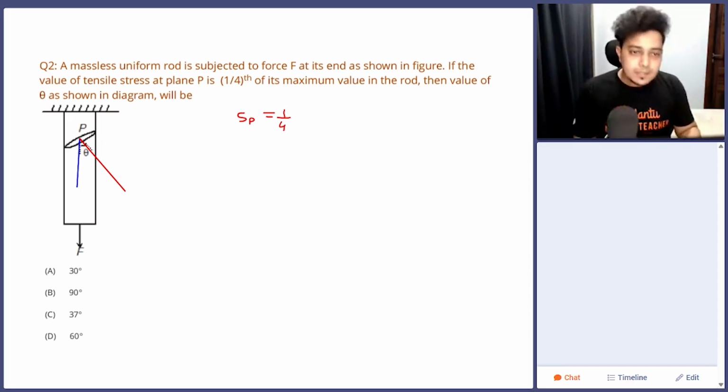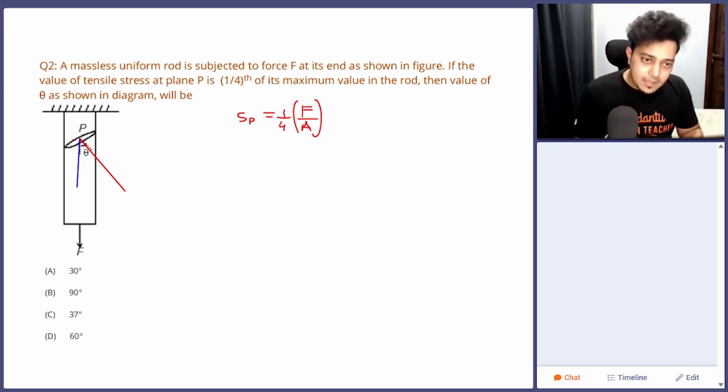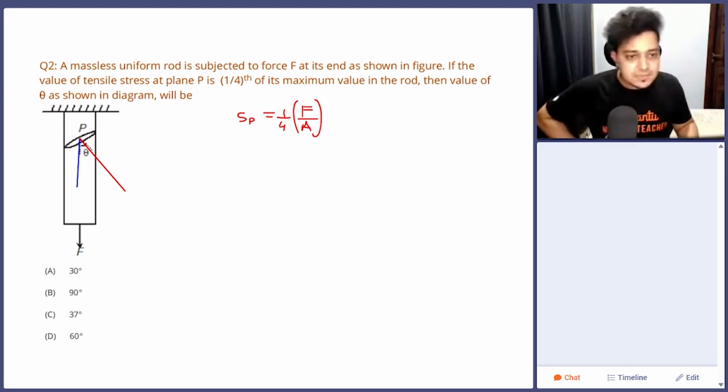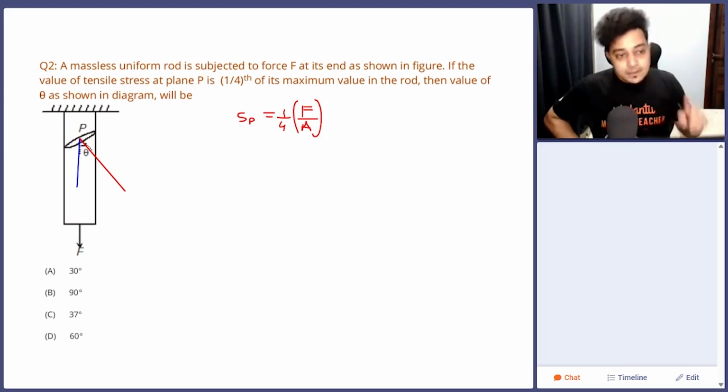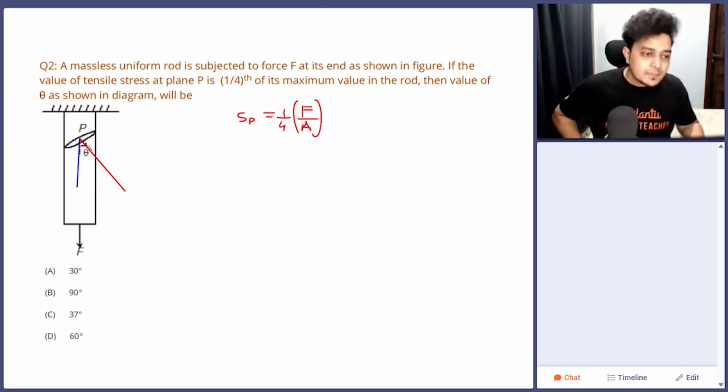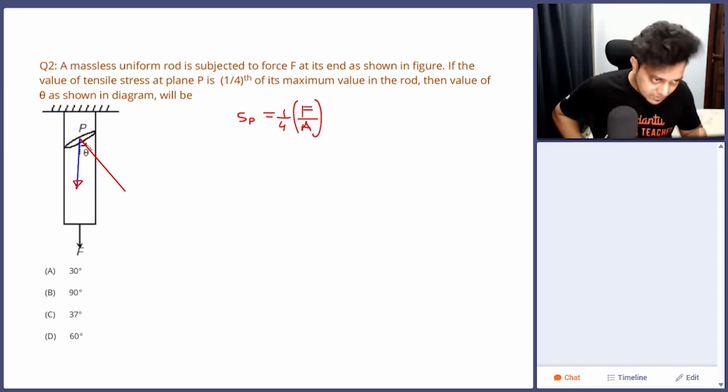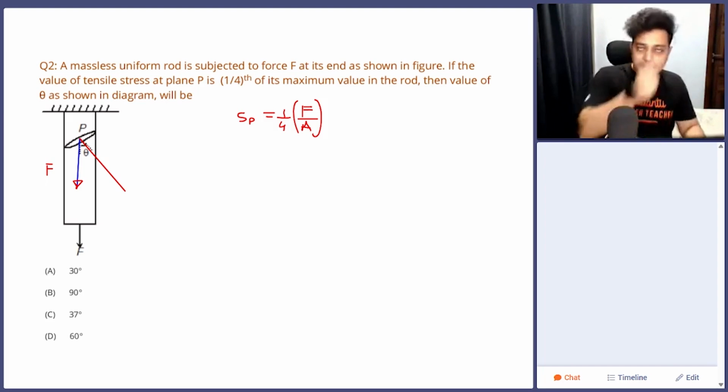Now maximum stress will be force upon cross section area. Okay, force upon cross section. This will be maximum stress. Okay, when the force and area are perfectly perpendicular, you will get maximum stress. So this is maximum stress. Now we have to calculate what is the stress at point P or a plane P. So for calculating stress for plane P, we need to know what is the force which is perpendicular to plane P. So the force that is there, which we are applying, is F, which will be downward.